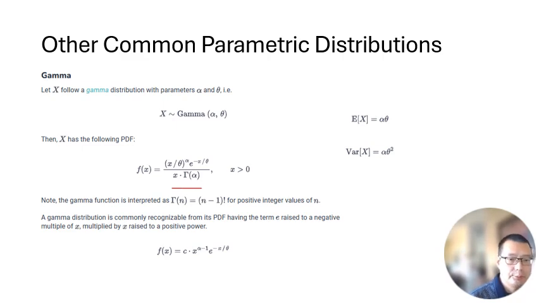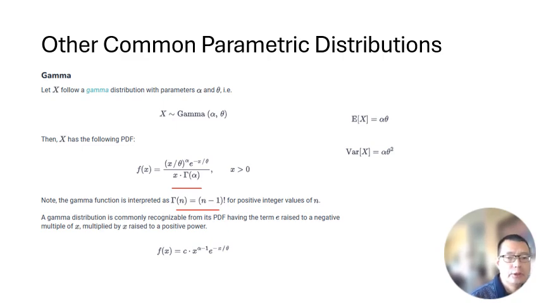The gamma function is interpreted as gamma(n) is equal to (n minus 1) factorial. So it means n minus 1 times n minus 2 times n minus 3 until it reaches 1. I hope at least you guys understand this.